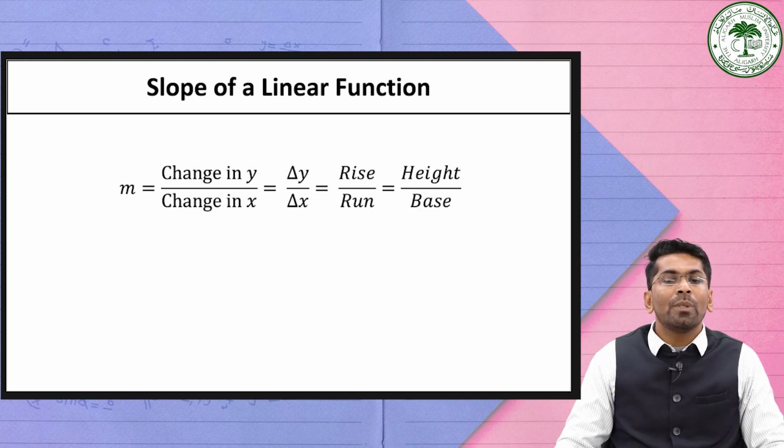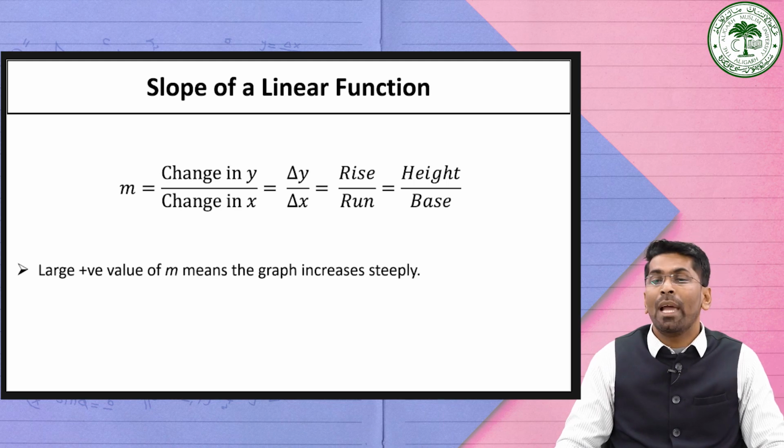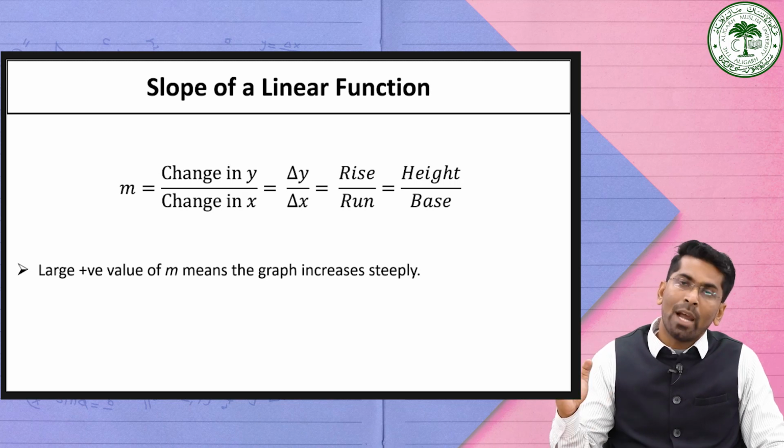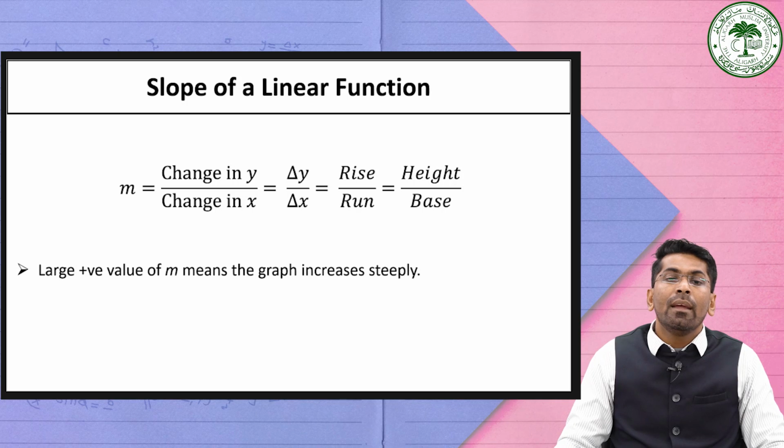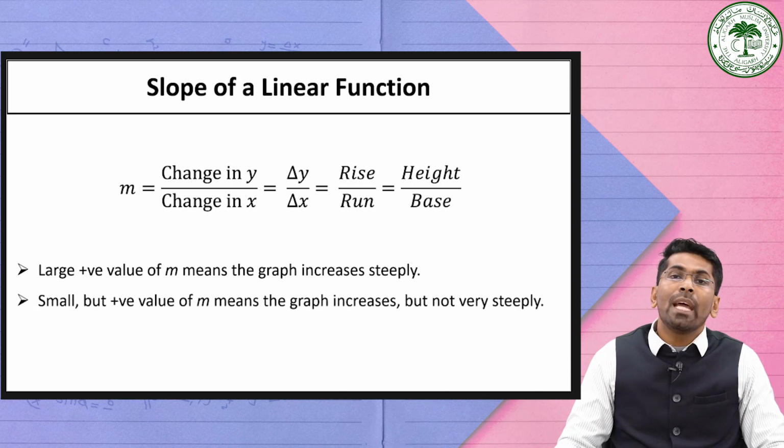So a large positive value of m, that means if the slope is a large positive value, then the graph increases steeply as you move from left to right. Similarly, a small but positive value of m, that is slope, means that the graph increases but not very steeply.